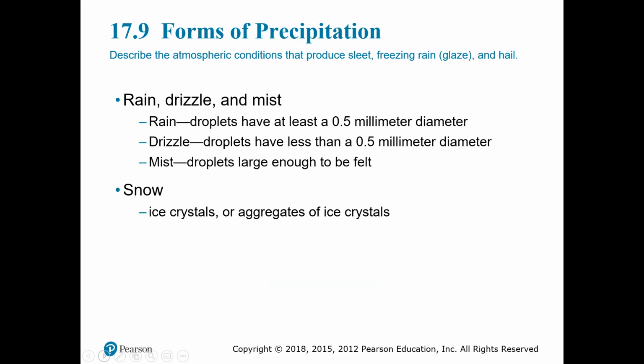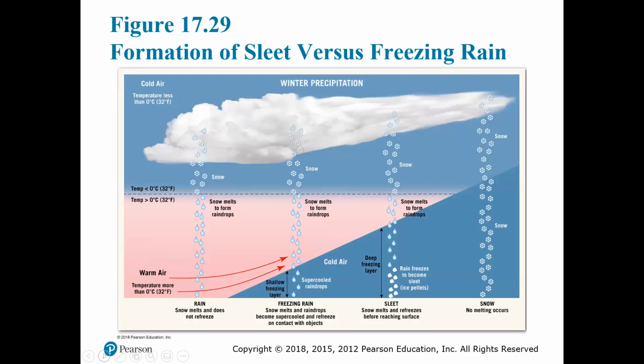So what are these different types of precipitation that we can get? We've discussed kind of snow and rain, but then we have all sorts of other names for these different types of precipitation. So if we look on page 541, we have figure 17.29, which is looking at winter precipitation.